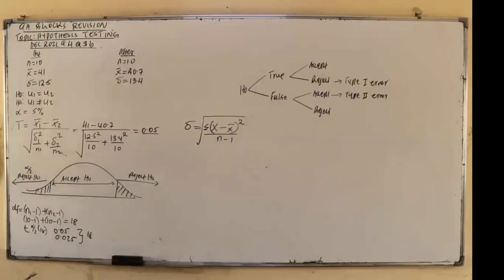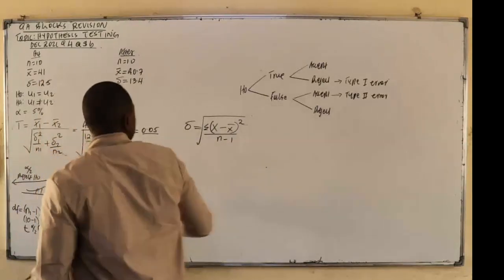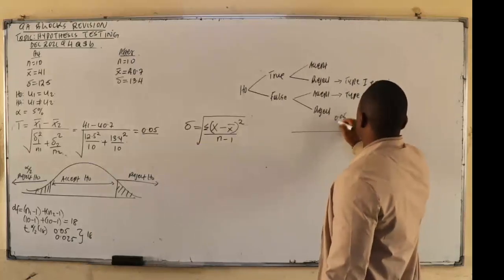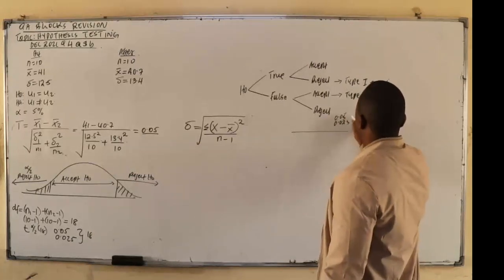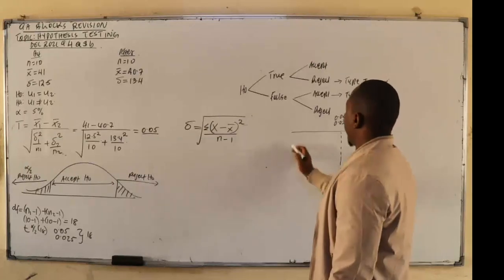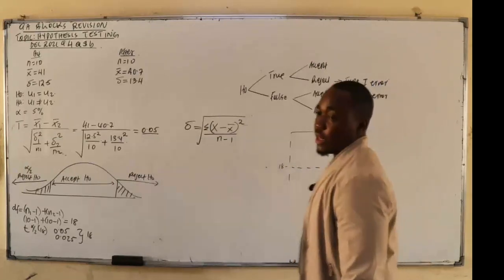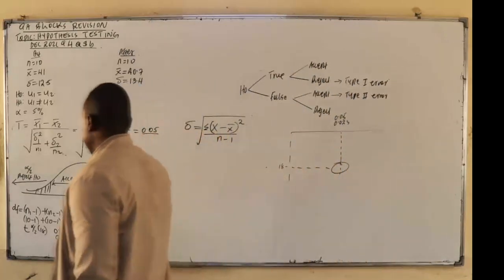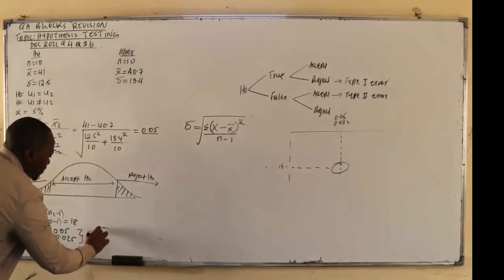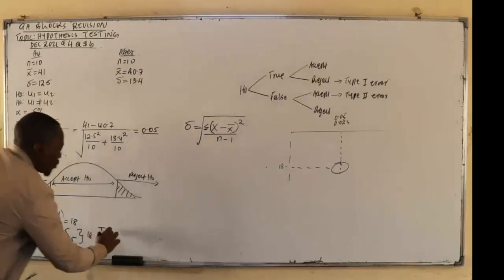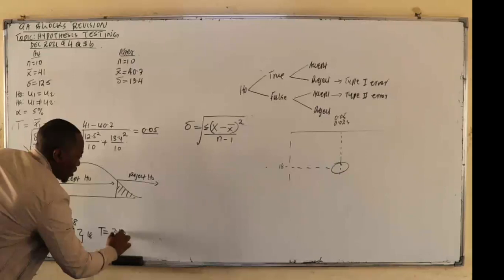So you go to the T table. You look where you have 0.05 and 0.025. Then you drop to where the degrees of freedom is 18. And then you give me the t value. 2.101.